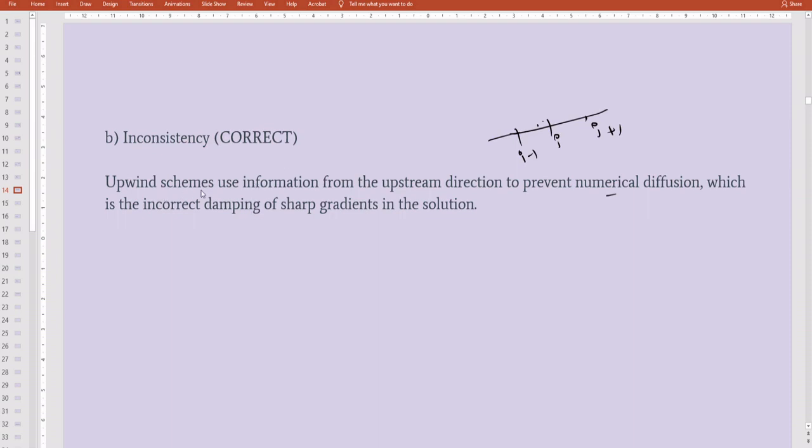Upwind schemes use such formulas so that the transport is in one direction. Such schemes are better suited to prevent numerical diffusion, and as I have told you before, we can preserve those sharp edges in the solution.